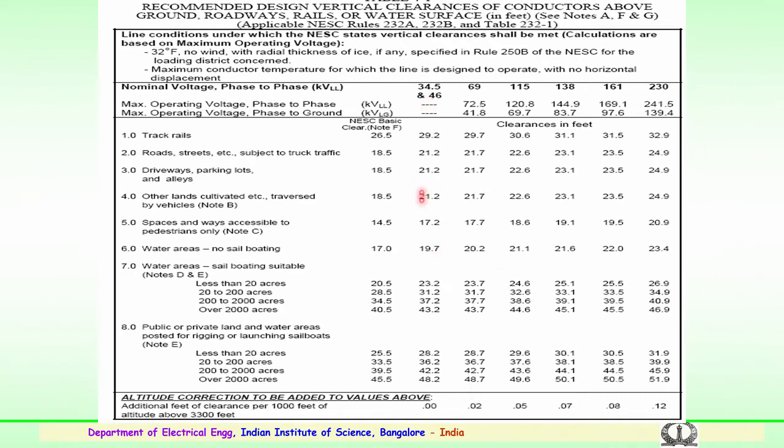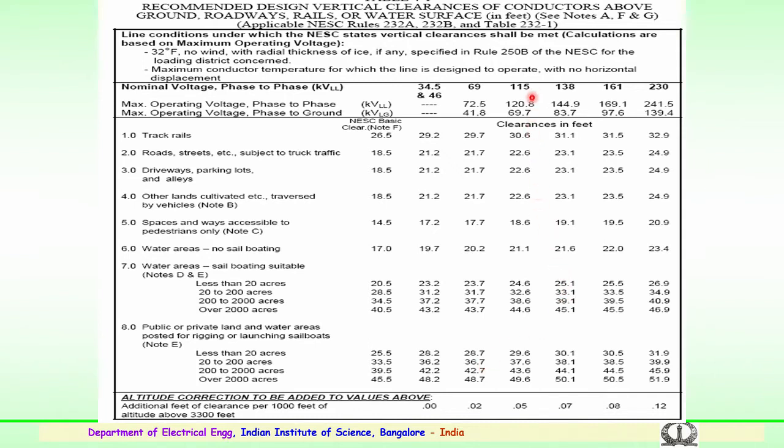So, these vertical clearances are given depending upon the voltage level, up to 46 kilovolts. These are the clearances for a 66 kV system. These are the minimum clearances which are to be maintained, apart from the electrical clearances to be added to this number.